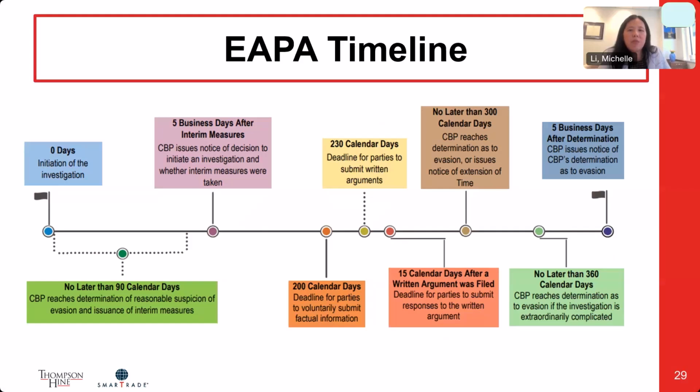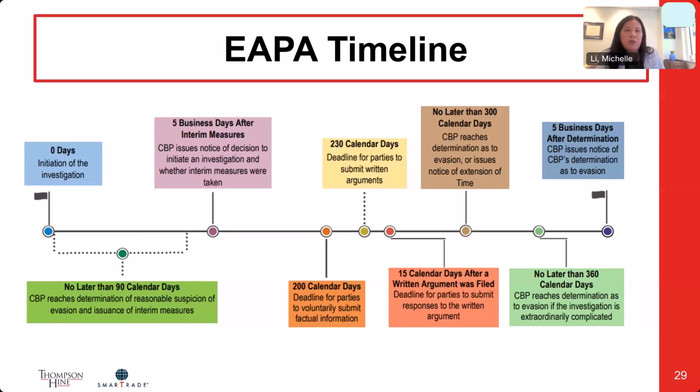So the timeline here, as I mentioned, is that most determinations are issued within 300 calendar days. If you're looking at day one as the initiation of the investigation, there is a 300 calendar day timeline, unless it's extended to 360 days if Customs considers it extraordinarily complicated.